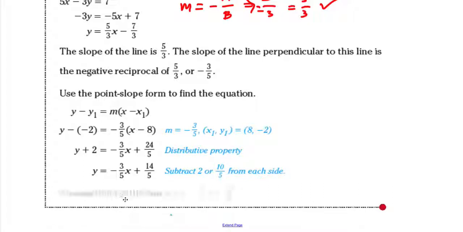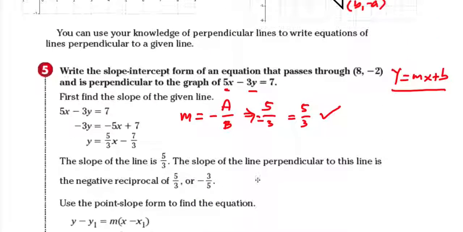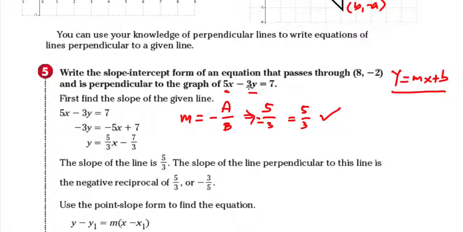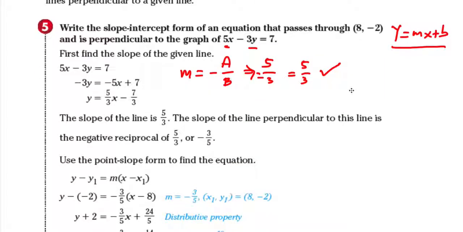So the equation of the line is y equals negative 3/5 x plus 14/5. That is the equation of a line that is perpendicular to the line 5x minus 3y equals 7, and will pass through the point (8, -2).